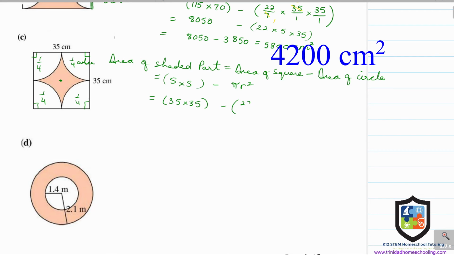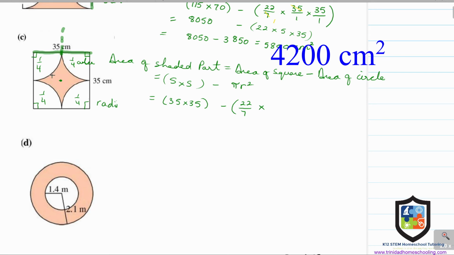I'm going to use 22 over 7 multiplied by, let's see what my radius is. Now, the 35 centimeters makes up from here to there, and if you notice, it is 2 radius. Okay, 2 radii here. The plural of radius is radii, R-A-D-I-I.